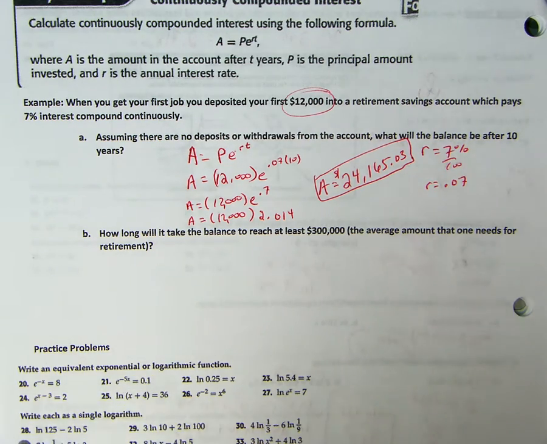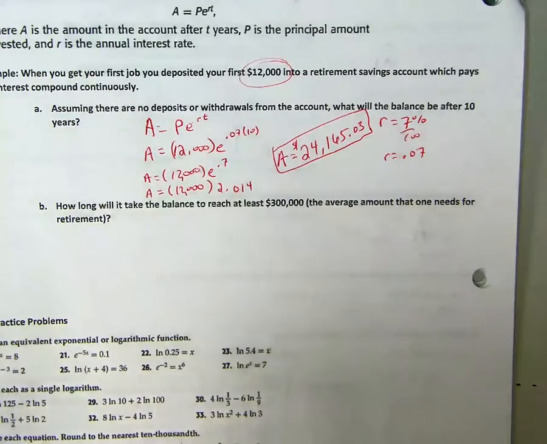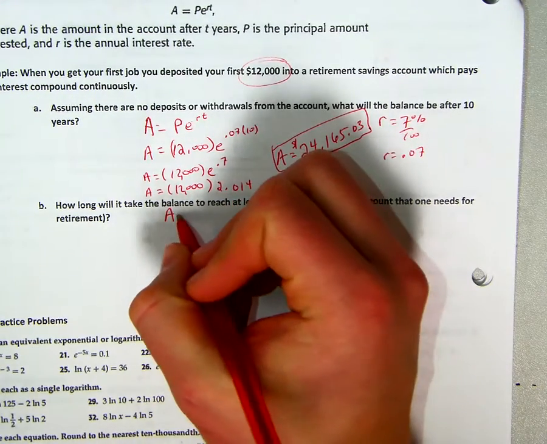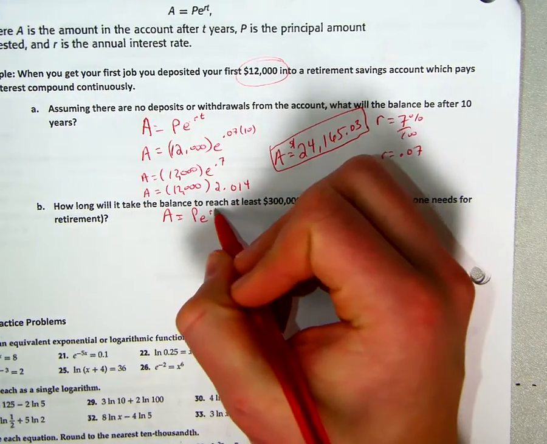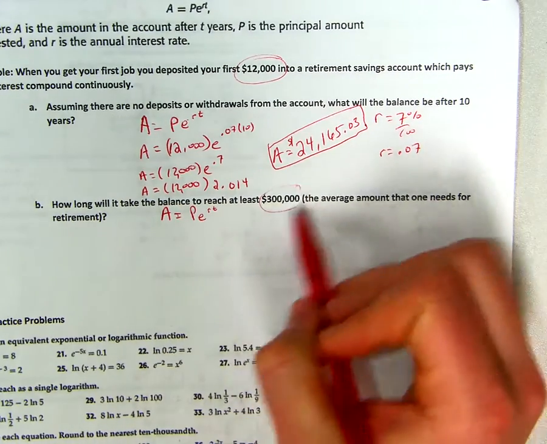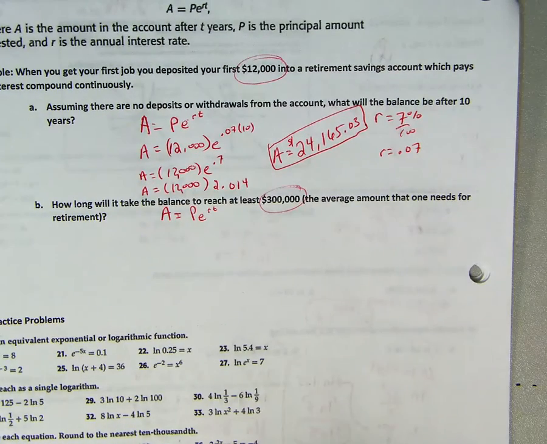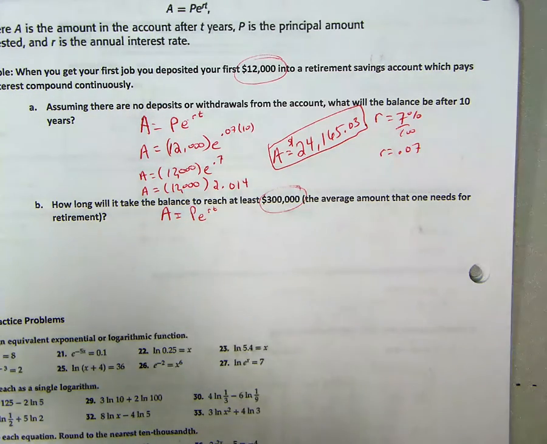Now, part B, I really like. This question actually fires me up pretty good. We have A equals P e to the rt. Now they say, how many years am I going to have to work in order to be able to retire? $300,000 is basically what they tell us. You need to have at least $300,000 in your retirement to feel comfortable living in retirement.